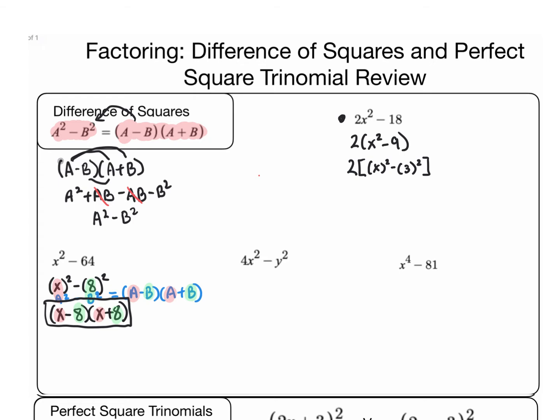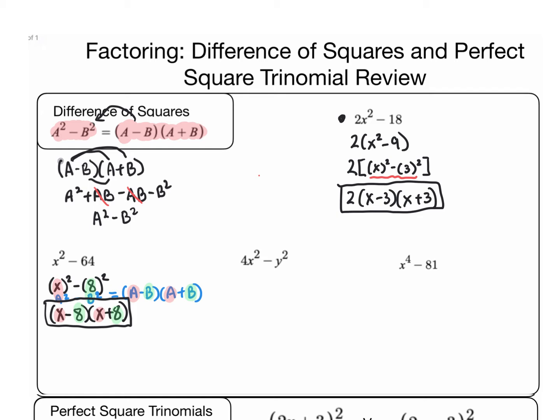Then I can apply the difference of squares to this part. At the end of the day, that gives me 2 times x minus 3 and x plus 3, like that. Now we used the difference of two squares in a different way, all right?